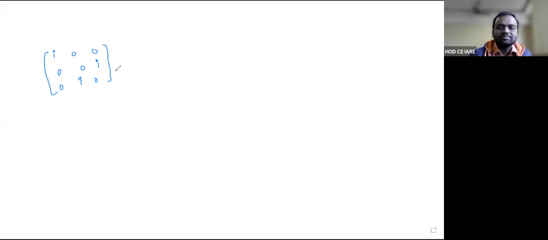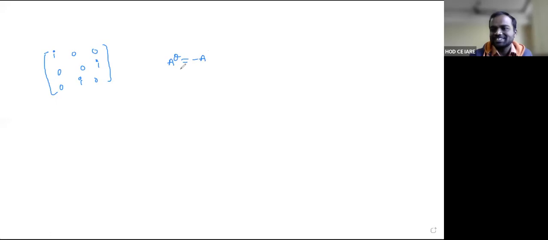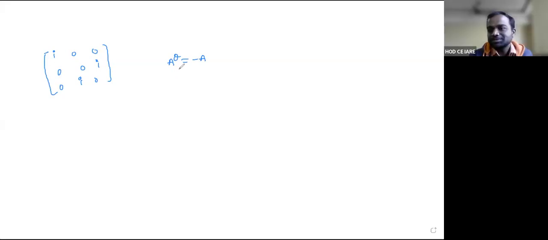What is our condition for skew Hermitian? A power of theta is equal to minus A. Okay? So first, what is A power of theta? What do you mean by A power of theta? The conjugate transpose of the matrix is A power of theta.